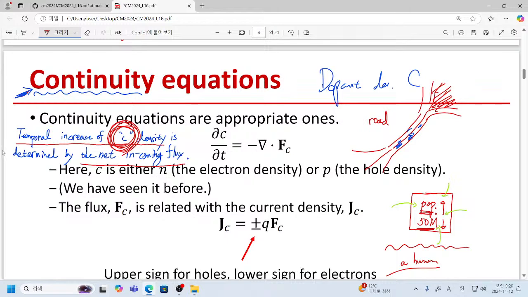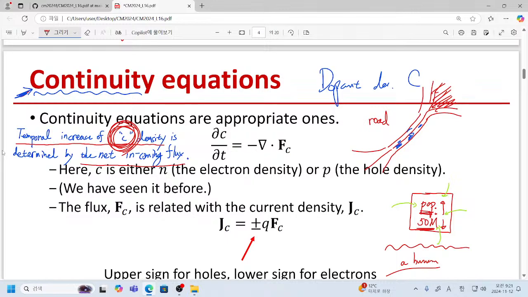We neglect events like suddenly a car pops up from the ground, or a car disappears from a certain point on the road. If we do not consider such unusual events, then even for cars on the road, we can apply the continuity equation.